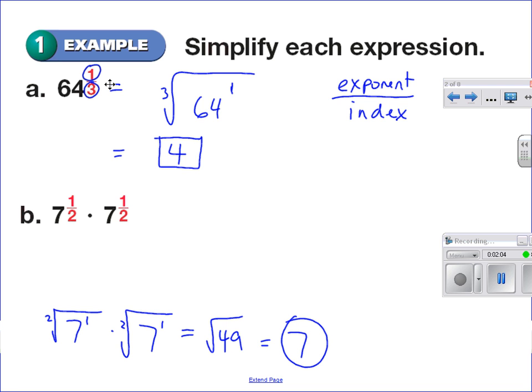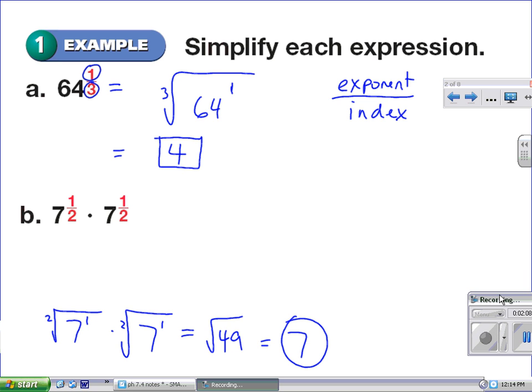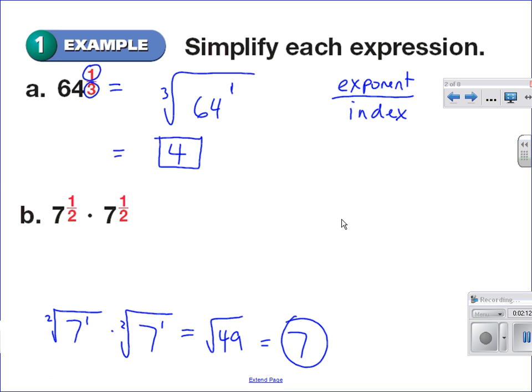Okay. Now, before I show you a second way of doing this, let's take a step back to our properties of exponents that we know. If I said, for example, x to the third times x to the sixth, well, that's x to the ninth, right? 3 and 6 is 9. We add our exponents in that spot.